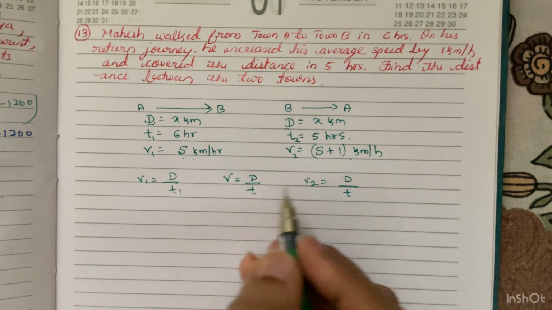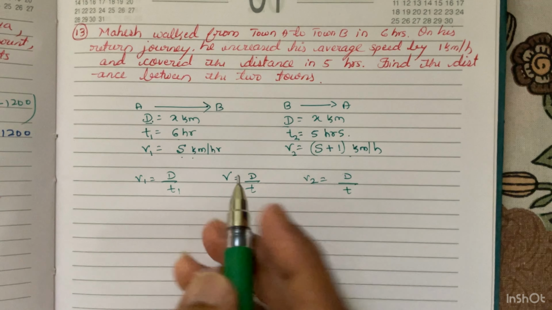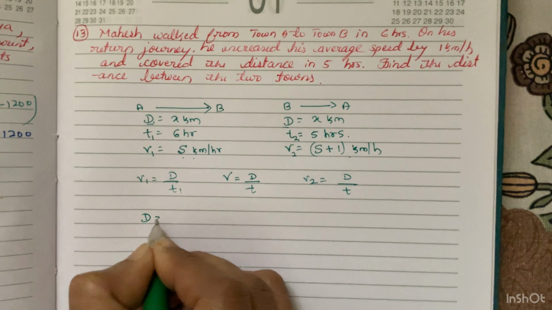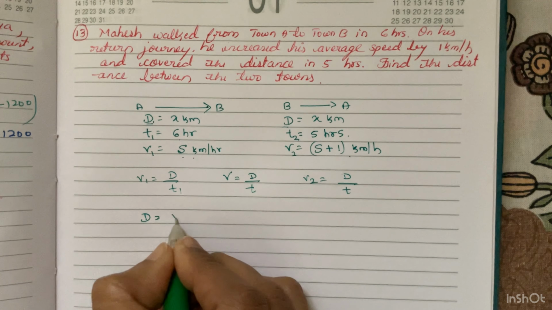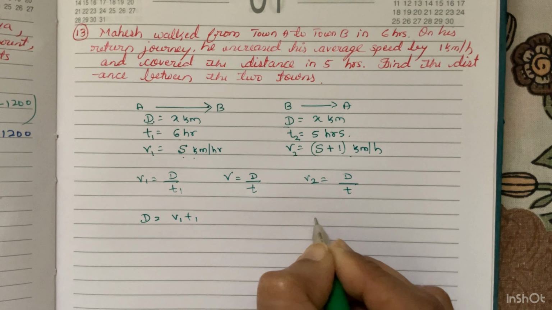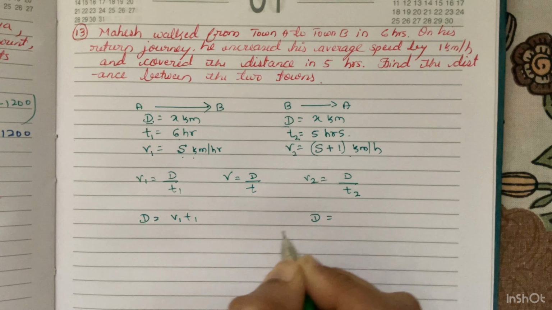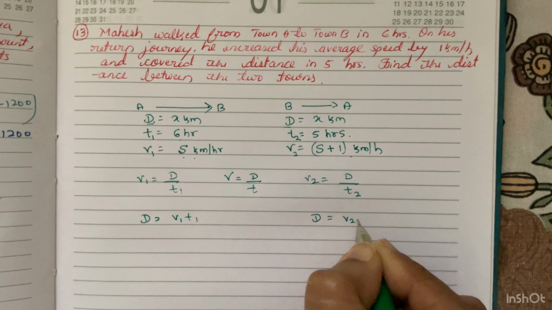What did they ask us to find out? The distance. Let me make D the subject by sending T to the left side. So it becomes V1 into T1, and similarly, D equals V2 into T2.